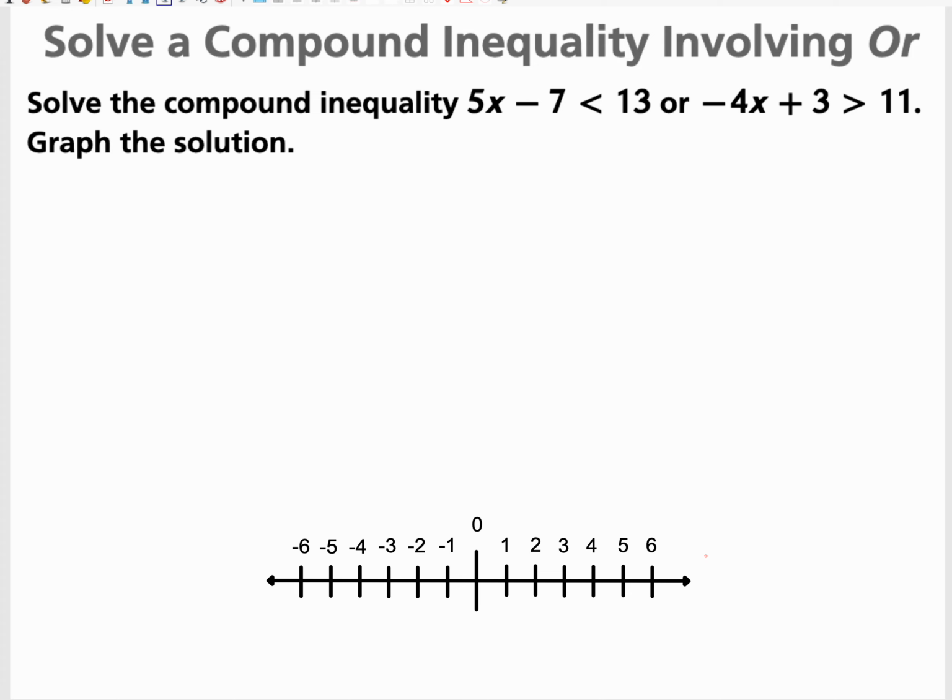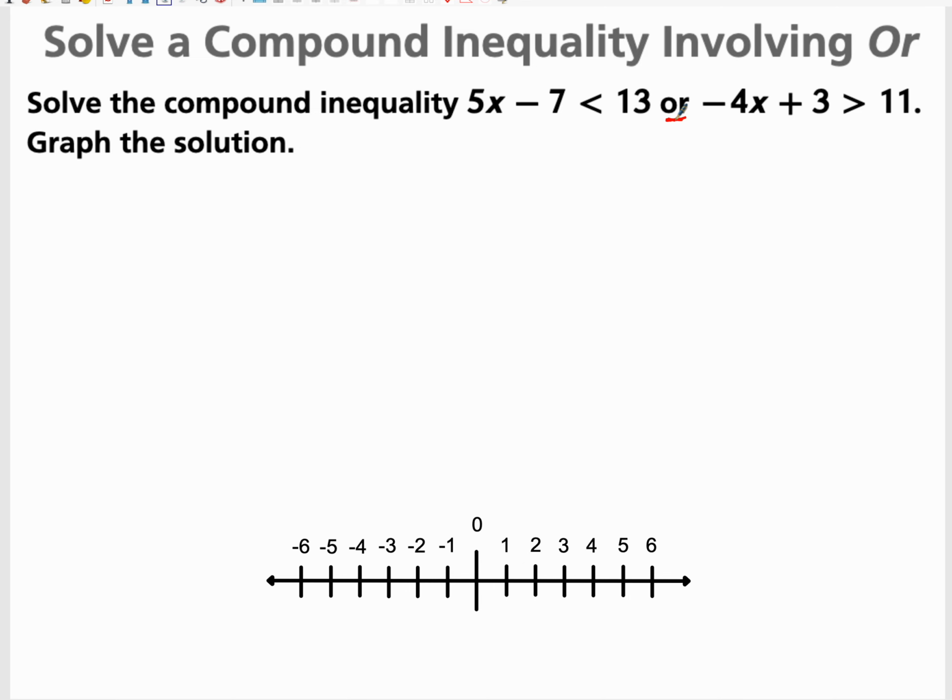Now, what if we have more algebraic expressions written as inequalities? We can still solve those and come up with a way of graphing our solution. So it's a compound inequality. It's an or statement. Okay, so we need to graph our final solution that respects what the symbols tell us.